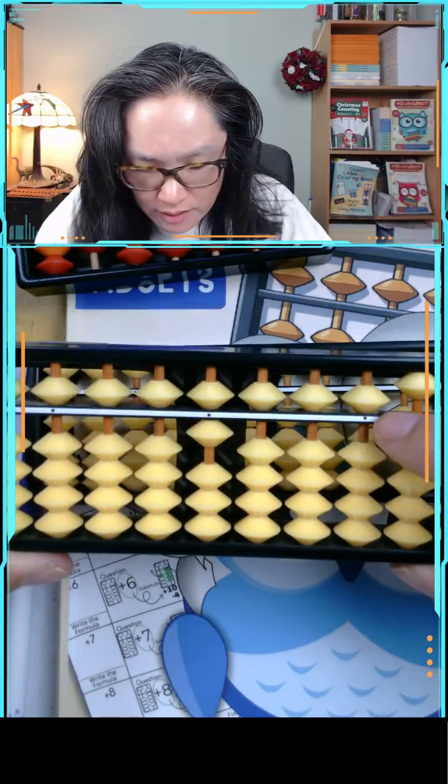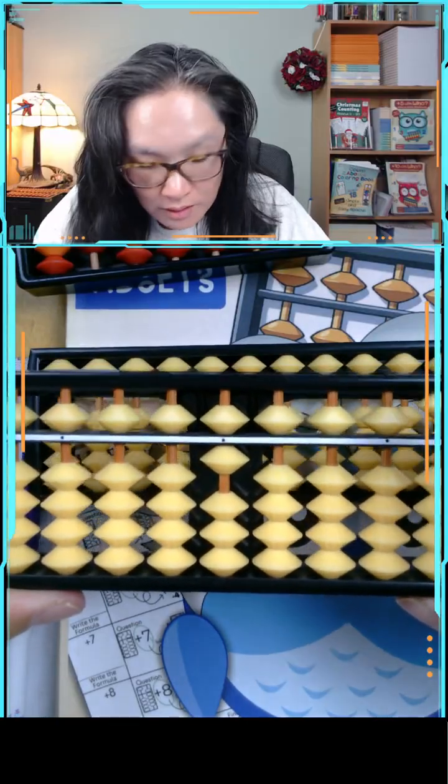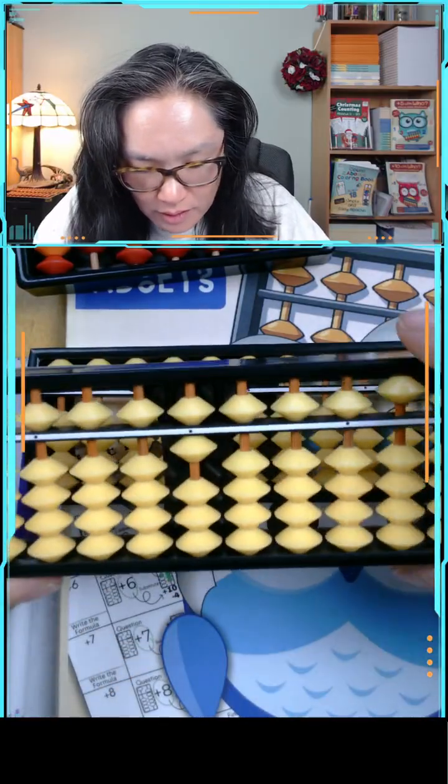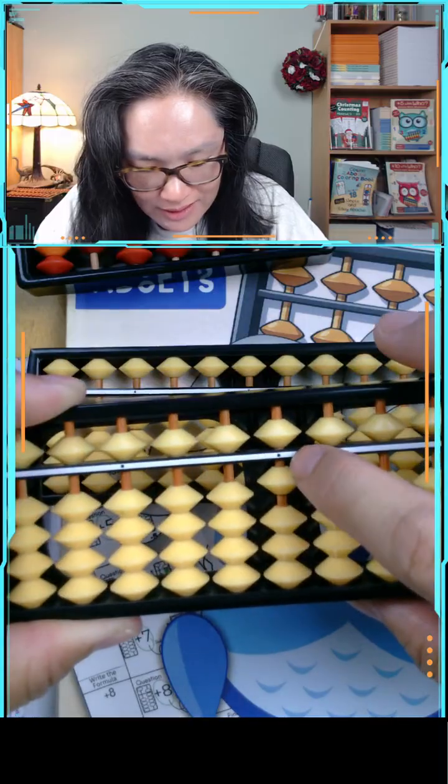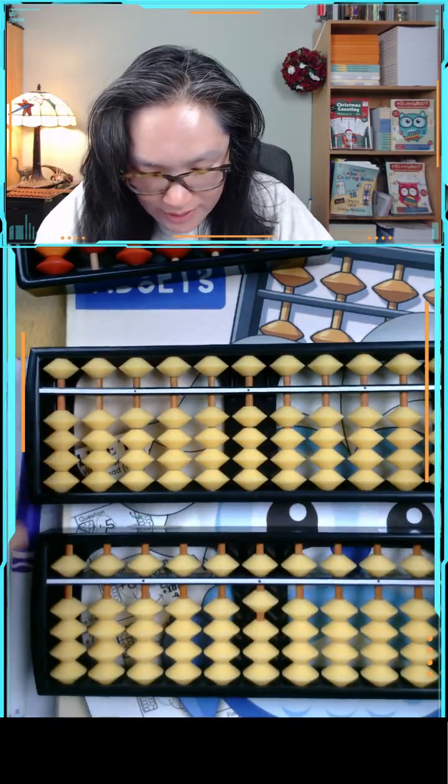And there's still the dots. Do you have the dots? Yeah, the dots are still there. This is the ones, the tens. No, the ones, the thousands, and the 10,000s. They work exactly the same.